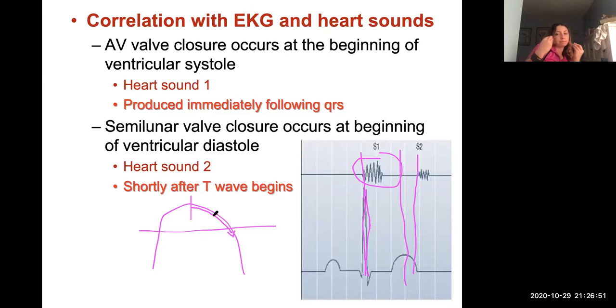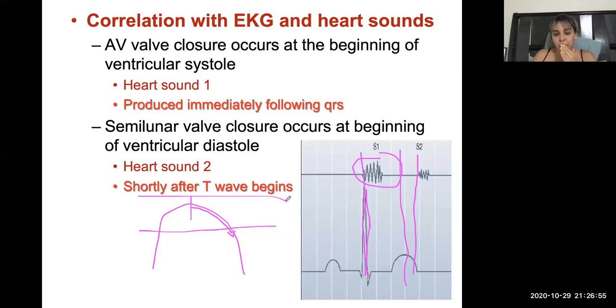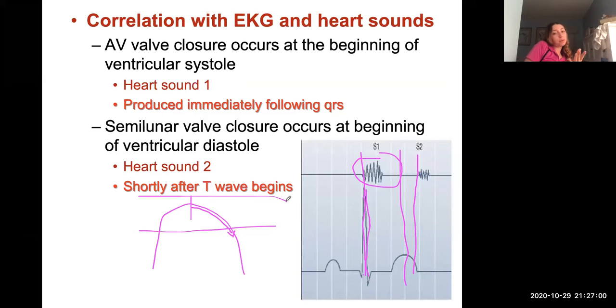Okay. But then it says right here, shortly after the T wave begins. So you could think about the T wave and the heart sound as being together, because it doesn't really matter exactly when that heart sound happens, but it does happen when the semilunar valve closes.